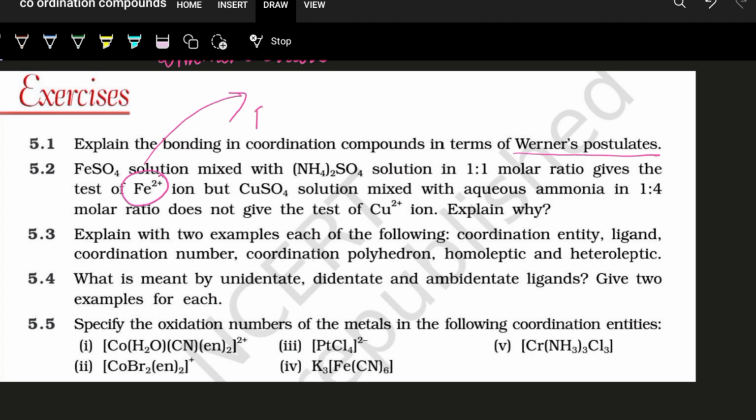Why? Because it forms Mohr's salt with a formula of ferrous sulfate, ammonium sulfate, hexahydrate.